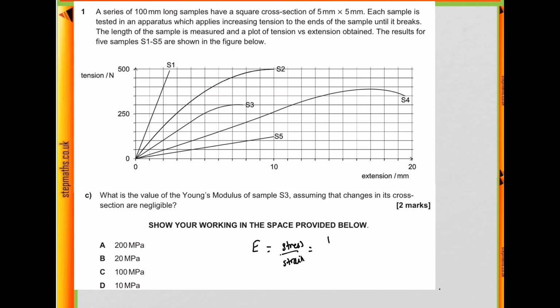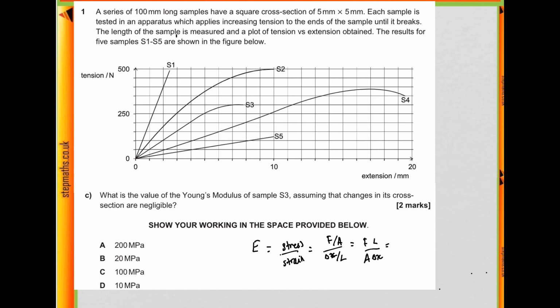Stress is the force per unit area, and strain is the extension per unit length. So this is equal to FL over A delta X. What we want to do is figure out what this value is for the portion of S3 that's a straight line.